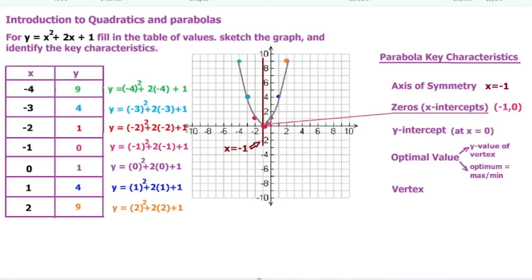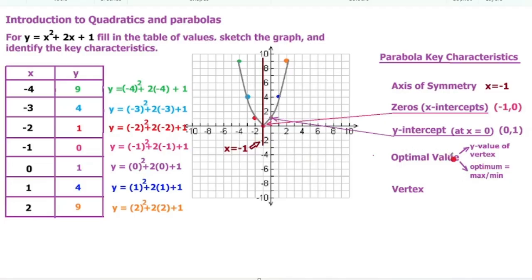Okay, it's right there. Now for the y-intercepts, where does this parabola intersect the y-axis? It intersects right here at x equals 0. This is where x equals 0. It intersects right here at 0, 1. Okay? Our y value is 1.